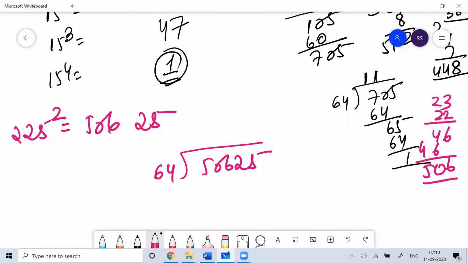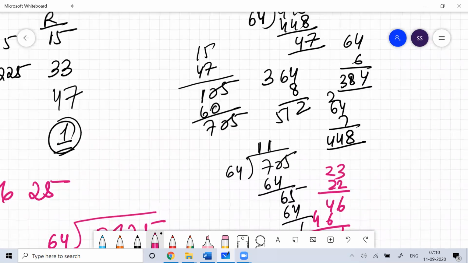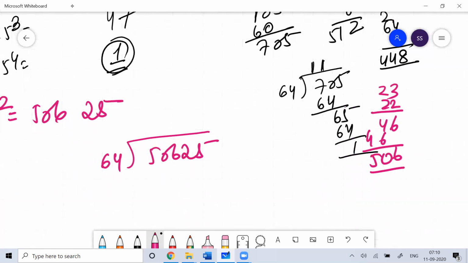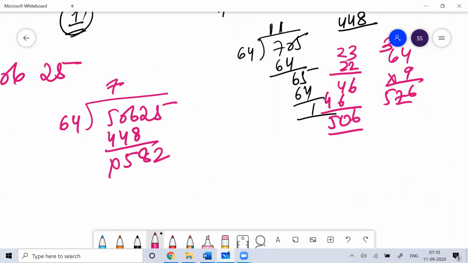Let me check that also. 50625: 64 eights are 512, 64 sevens are 448, then the next is 582, and 64 nines are 576.